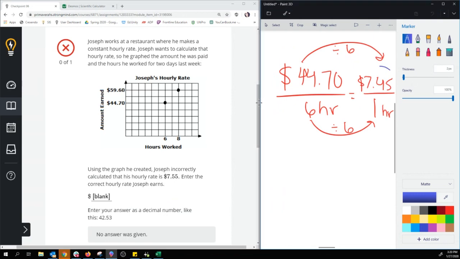When we solve this, what does he actually make per hour? The 7.45, perfect. And make sure that when you're typing this in that you don't put the dollar sign. So just put in the 7.45.